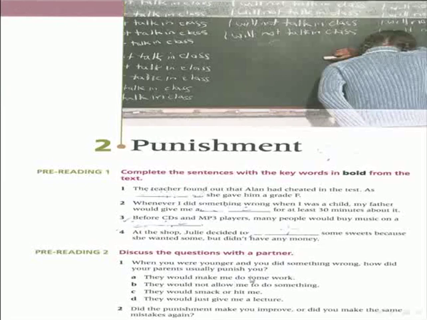They would make me do some work, or they would not allow me to do something. Or C, they would smack or hit me, right? Or D, they would just give me a lecture. One of these ways to punish me. Which one? You choose. It's up to you, or up to what happened in your family, right?